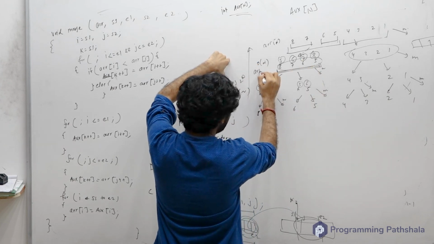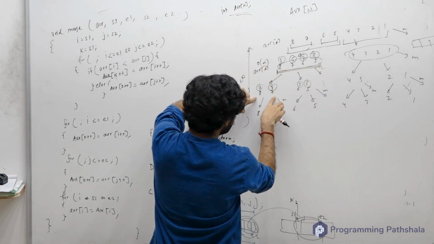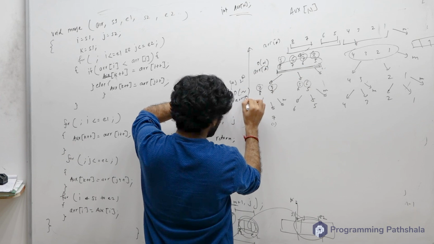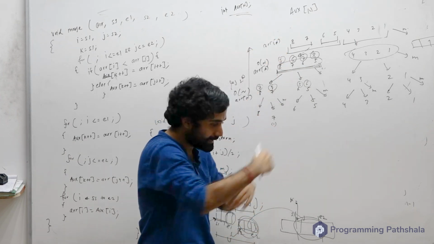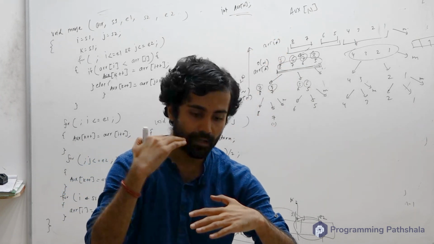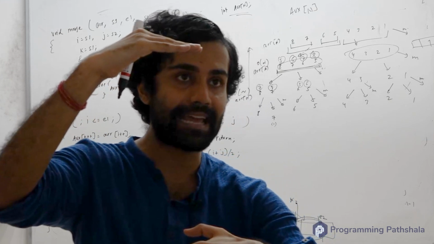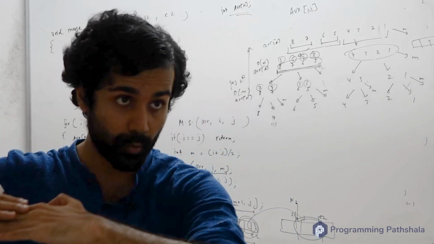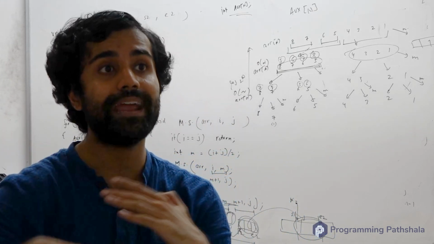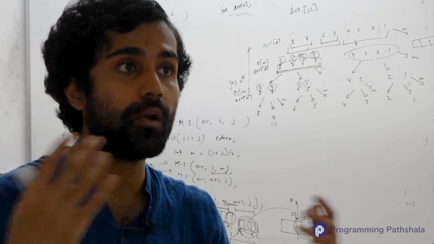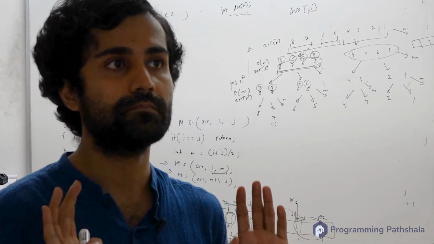This would also have created an array of size n and would be waiting for this one to complete. This would also create an array of size n. So at any point of time, you have got log n functions waiting in the stack, and everyone has their own arrays. So you would at least have n log n size with you. Did you get my point?